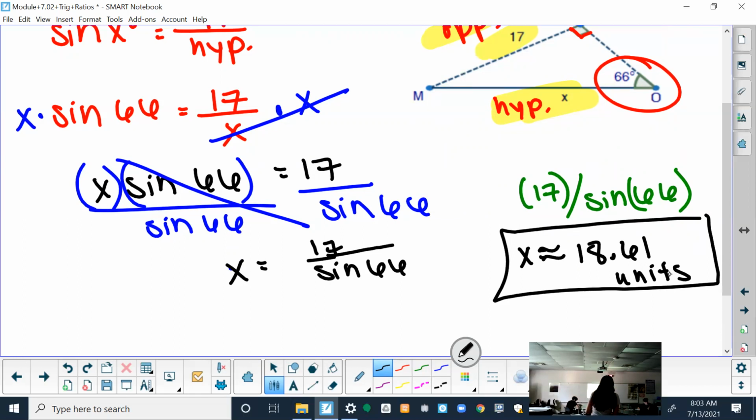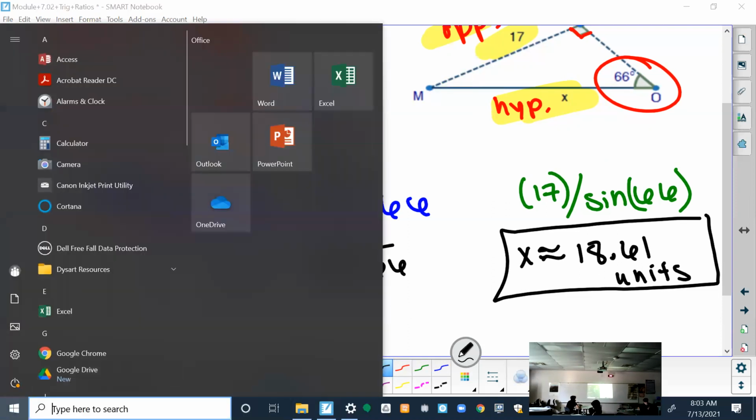All right, so then if there's no questions, we'll move on to the next one. So more practice with the sine function. All right, moving it on to the sine.